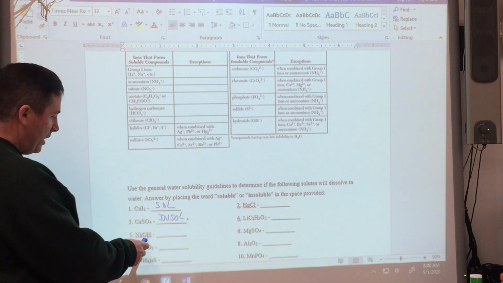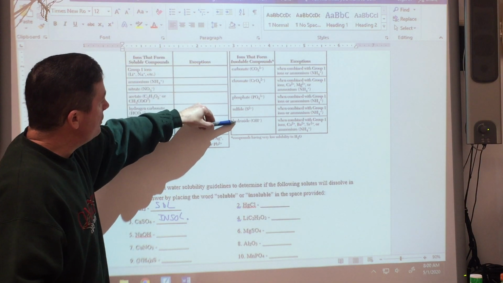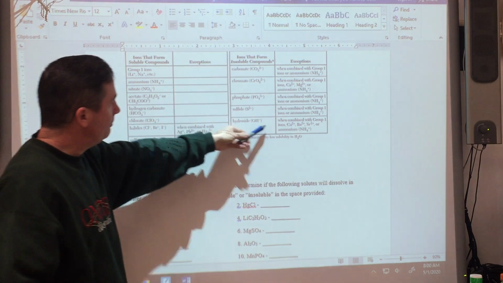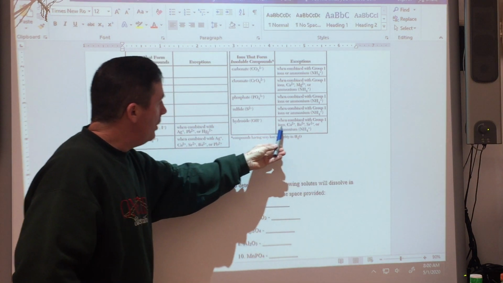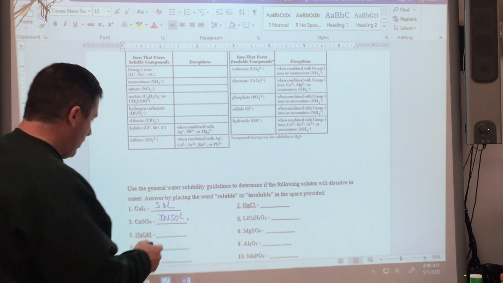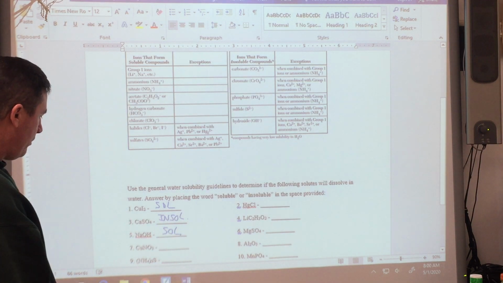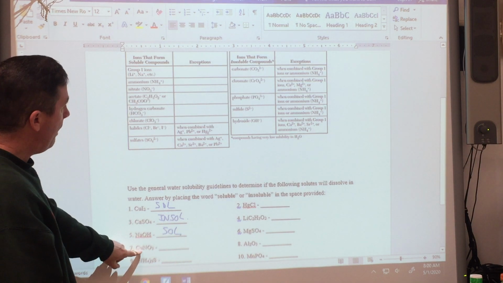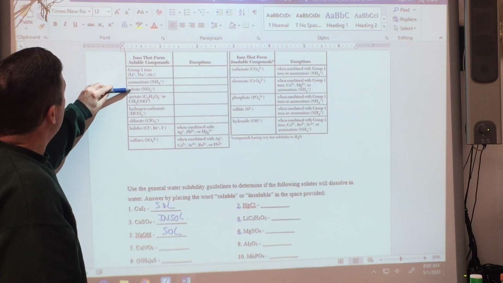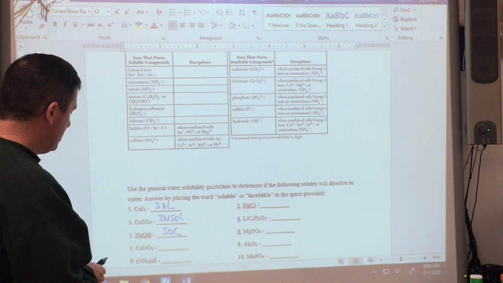Anyways, sodium hydroxide. Hydroxide is here. That means hydroxides are insoluble. Is sodium an exception? Combined with group 1 ions. Well, by now you might know that sodium is in group 1. So this is an exception, making it soluble. Number 7, copper nitrate. Well, here's a nitrate. All the nitrates are soluble. There are no exceptions.